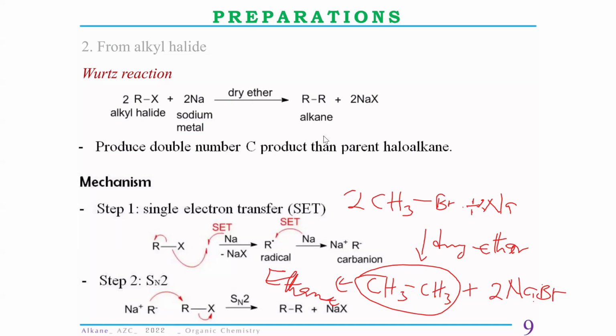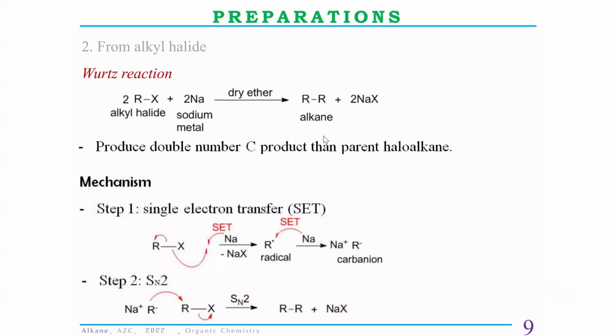It produces double the number of carbon products than the parent haloalkanes. And of course, there is a mechanism. In step 1, single electron transfer, that is SET. There's a single electron transfer from the alkyl or aryl group to the sodium, and then you generate a radical.